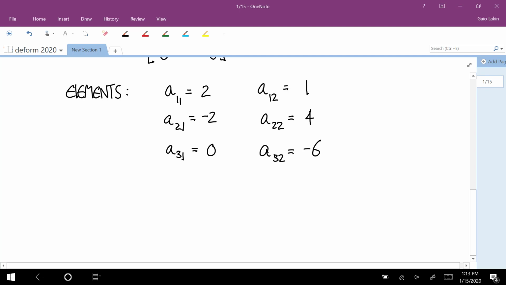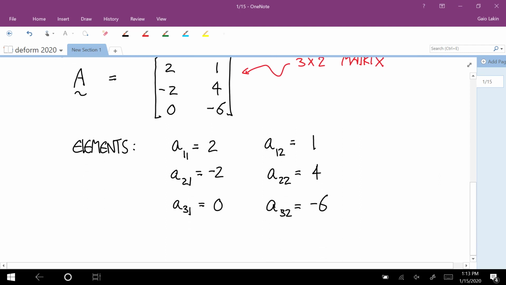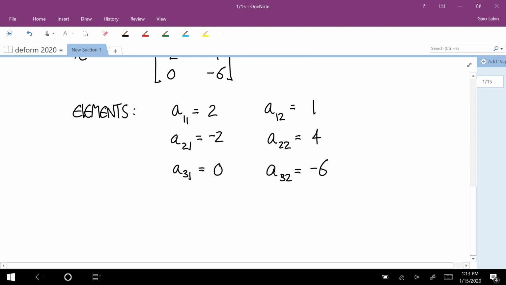So you can have all sorts of sizes of matrix. You could have a 50 by 64 matrix or whatever. And using this approach, you know how to talk about the individual elements. We're going to use 4 different matrix sizes in this class.